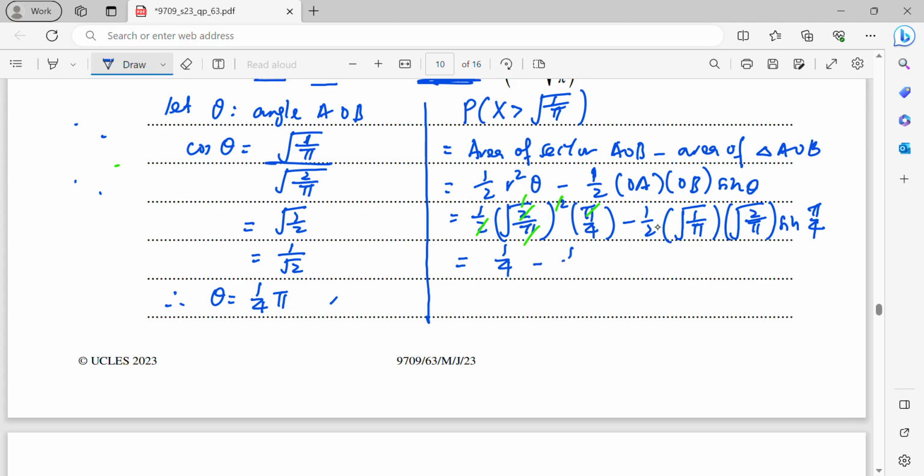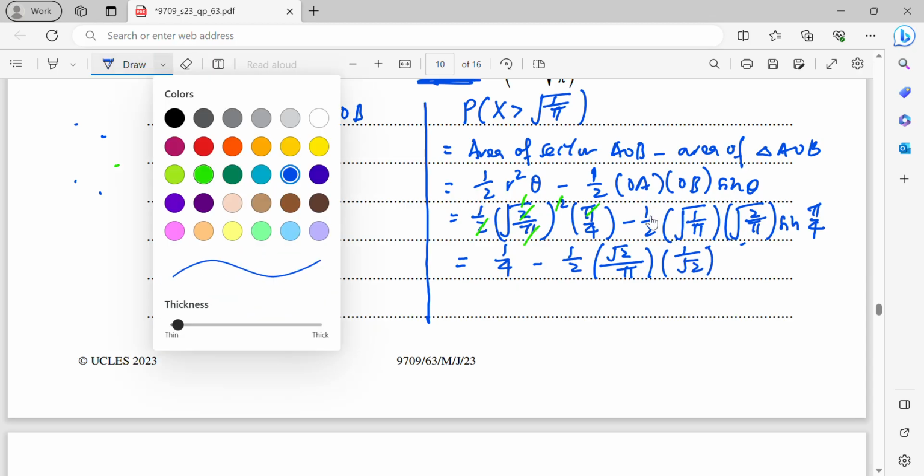Then minus half. Now, when you calculate this square root, you can just combine. So it will be square root of 2 over pi squared. So I will say it is square root 2 over pi. Then sine pi over 4 is basically 1 over square root 2.